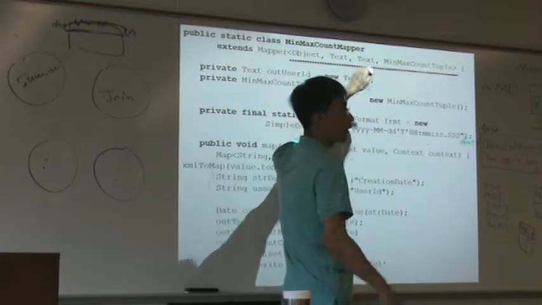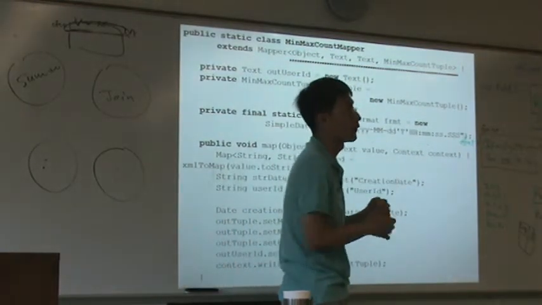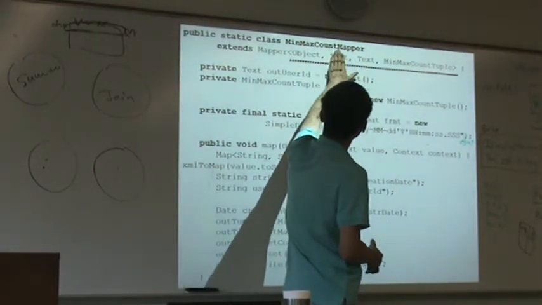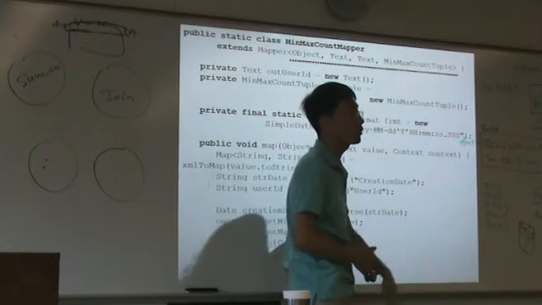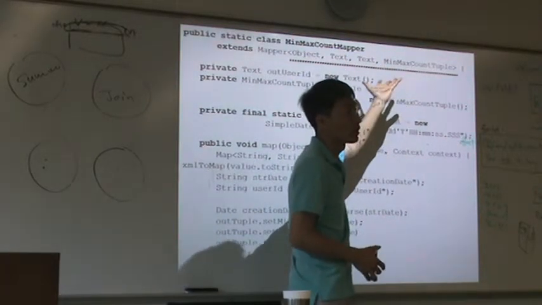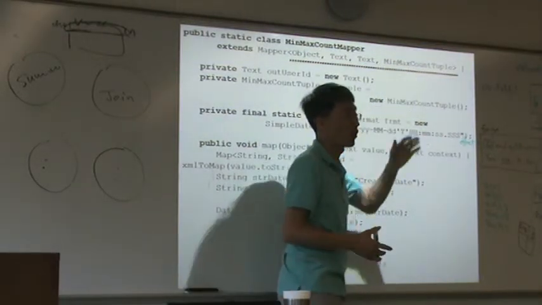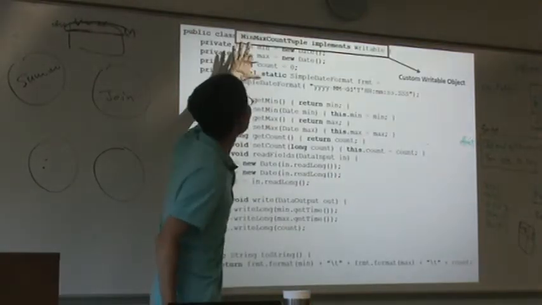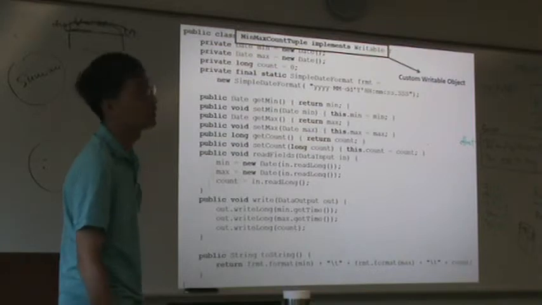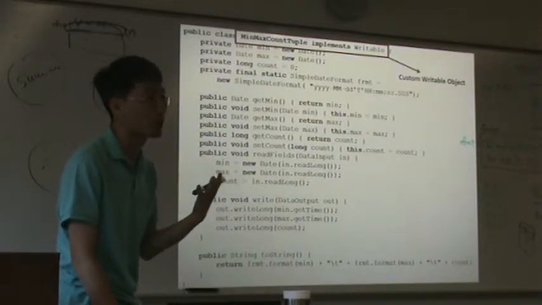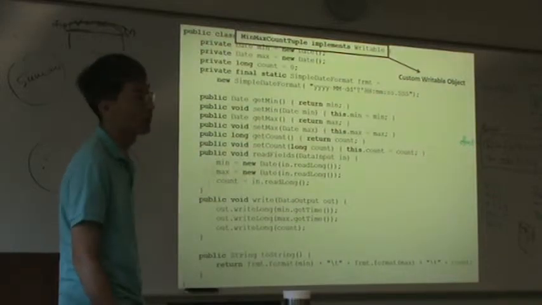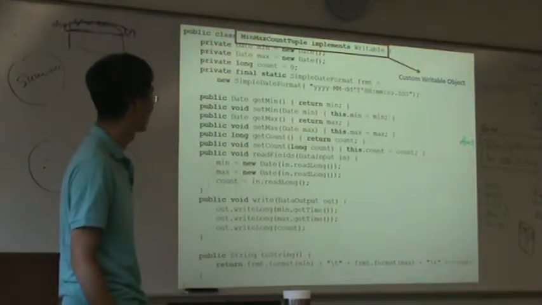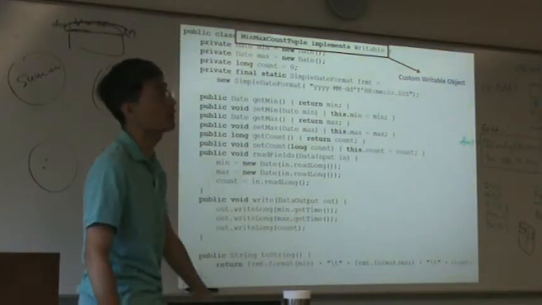Input is the object, which is the input file, then a text value, but the output is a min-max count tuple, which is not a standard type. It's customized. So where is it? It's defined here. Okay, so after you get used to the data format, it's a good idea to define your own internal data type.